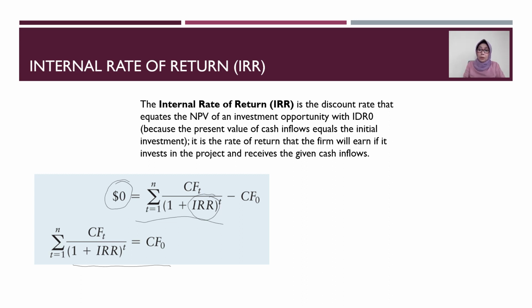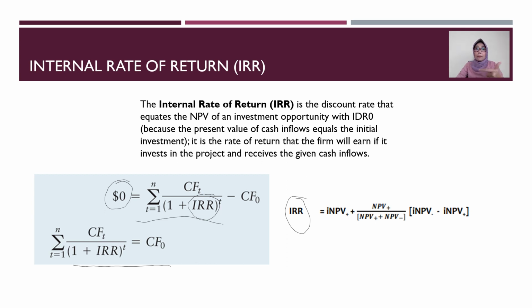Or you can use the other formula, which is this one on your right side. For this formula, before you figure out the IRR, you have to first find a discount rate that will generate a positive NPV, and then find another discount rate that will generate a negative NPV.